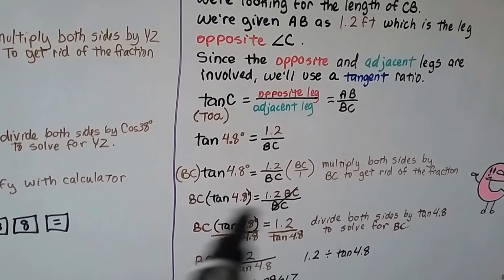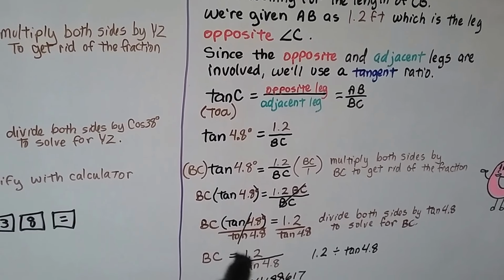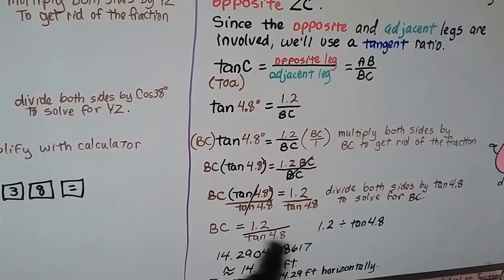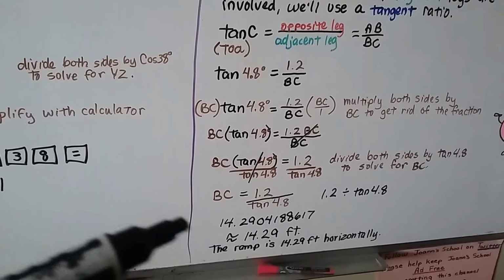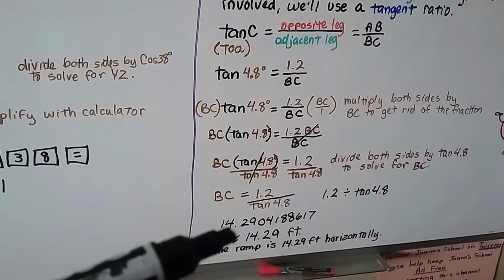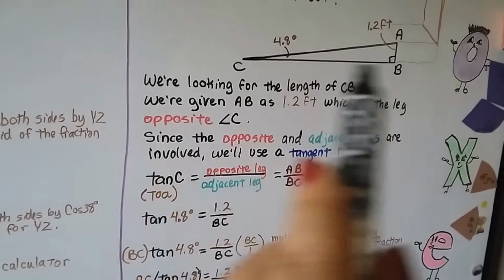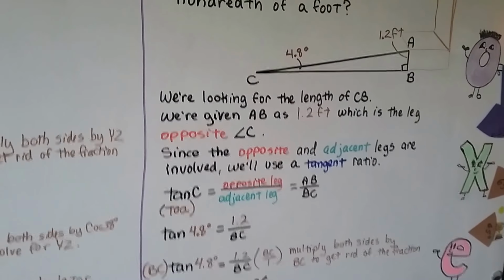Now we can divide both sides by the tangent 4.8. So these will cancel out as a 1. So we can solve for BC, which is equal to 1.2 divided by the tangent 4.8. We do that on our calculator, and we get that the ramp is approximately 14.29 feet, okay?